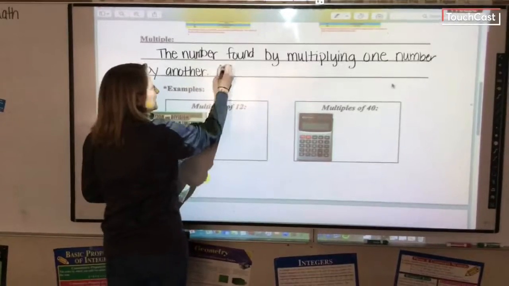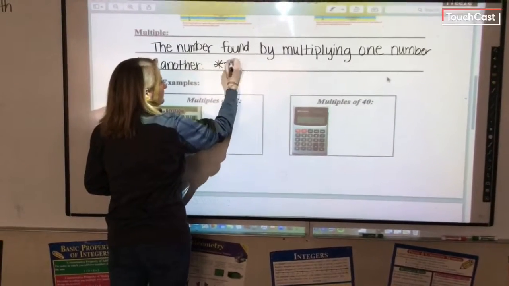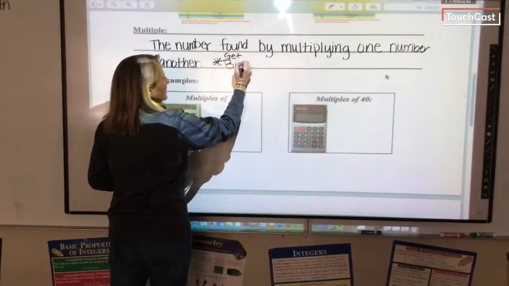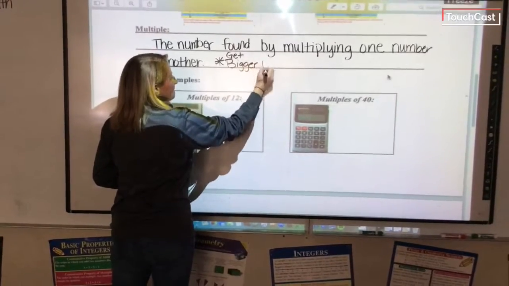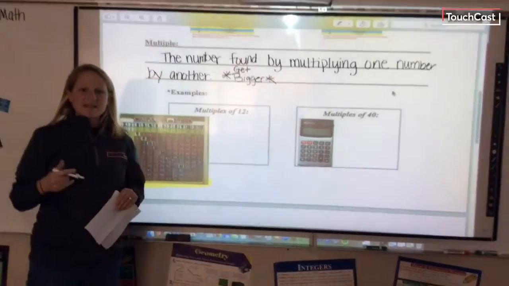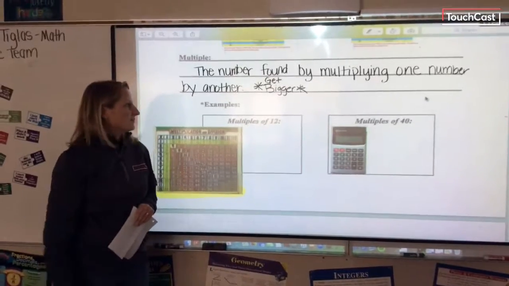Okay, and these get bigger. When I think of multiples, I think of counting by that number.